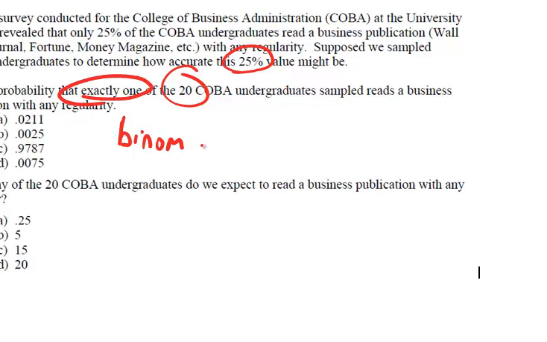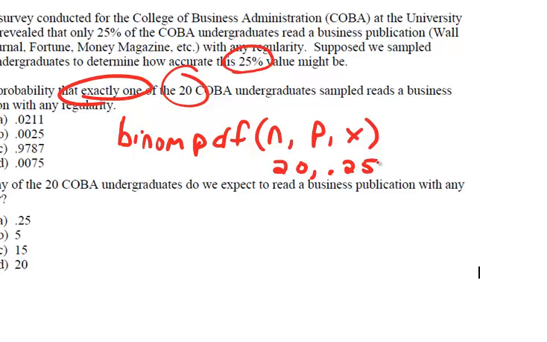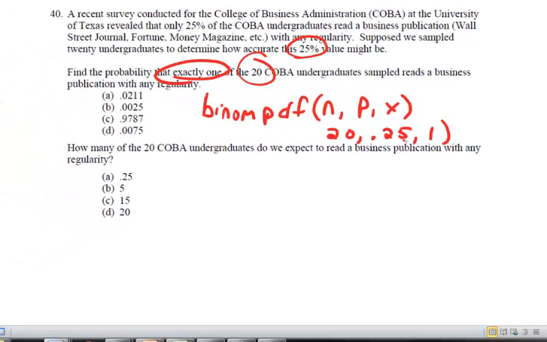So remember, binomial with exactly is the easy one, right? It's binomial PDF. And our syntax here, I want you to think about it. It's in alphabetical order. It's N, comma, P, comma, X. So our total number in this case is 20. Our P, the probability of actually selecting one, is 0.25. And how many do we want? We want 1.